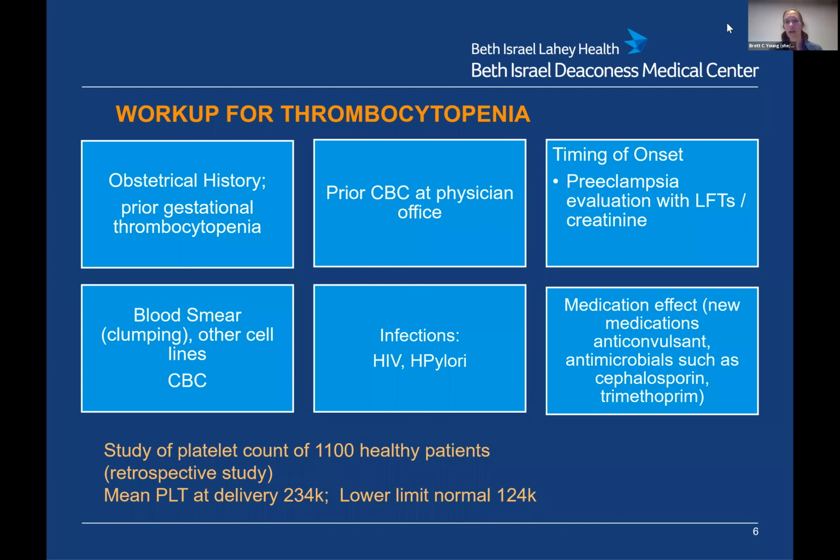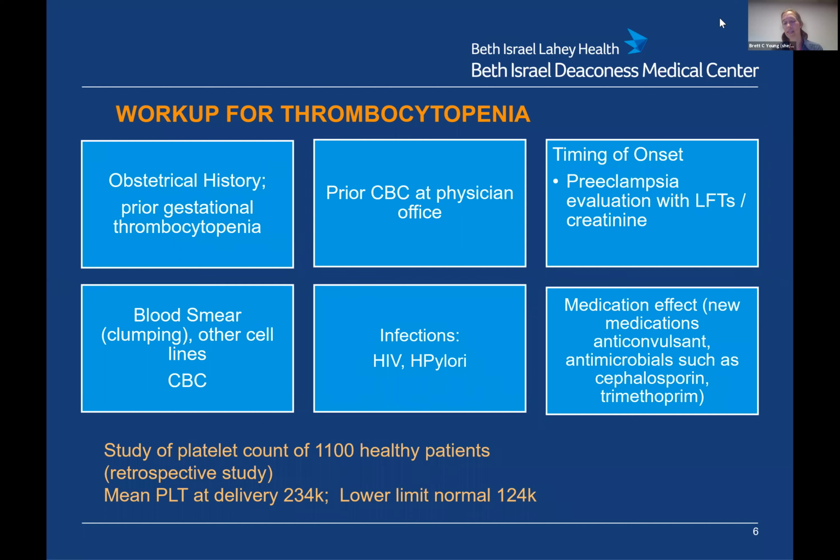When we are presented with a patient with thrombocytopenia that is new and may not have a diagnosis of ITP like this patient did, we should get an obstetrical history. Does this patient have a prior history of gestational thrombocytopenia? We know that patients who have a history of prior gestational thrombocytopenia have a 14-fold increased likelihood of recurrence in the next pregnancy.